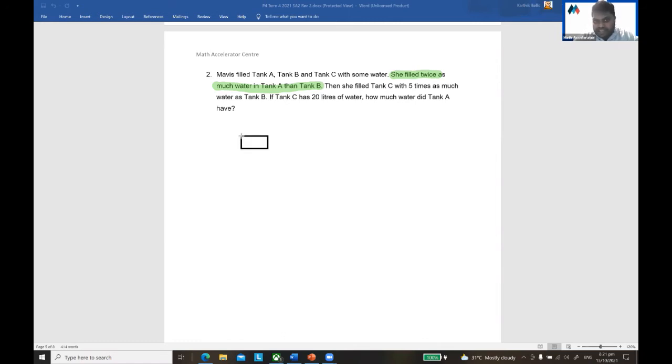So tank A has 2 units and tank B has 1 unit. Okay, draw that first. Tank A, tank B. Okay. Please draw with a ruler, right? It's better. Don't freehand.